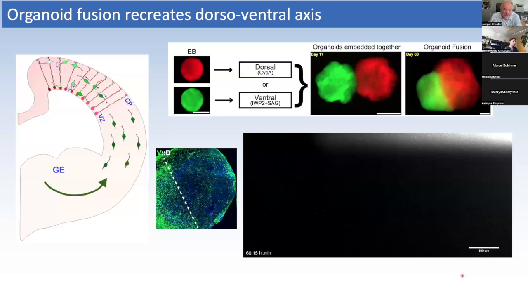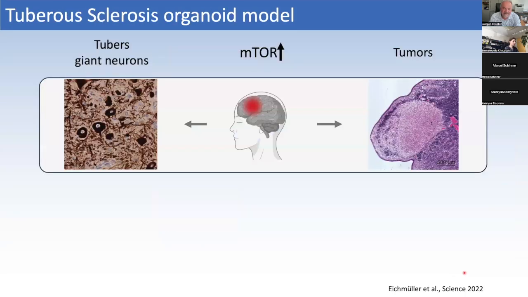But organoids can also be used to recapitulate human-specific disease mechanisms. And this is work that we did about 2 years ago, where we modeled a disease called tuberous sclerosis. Tuberous sclerosis is a disease that arises from mutations in TSC2, which is an inhibitor of mTOR signaling, and an increase in mTOR signaling then causes the formation of benign tumors, and it also causes the formation of so-called tubers that one can see in the MRI, and that consist of enlarged giant neurons.